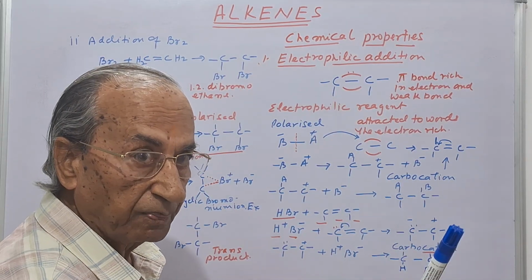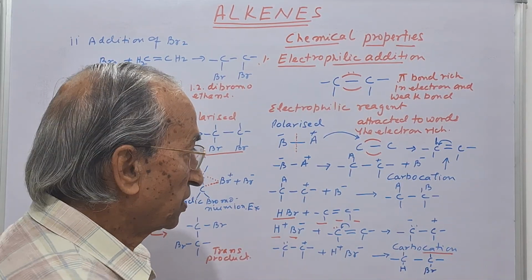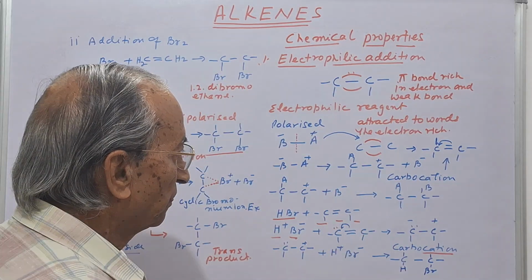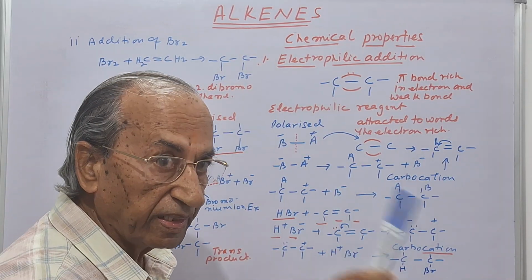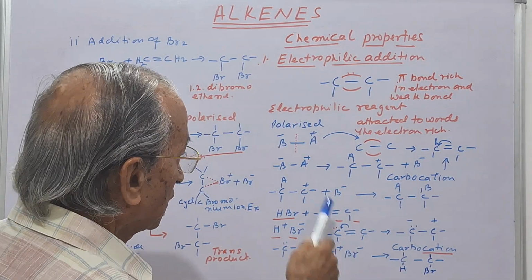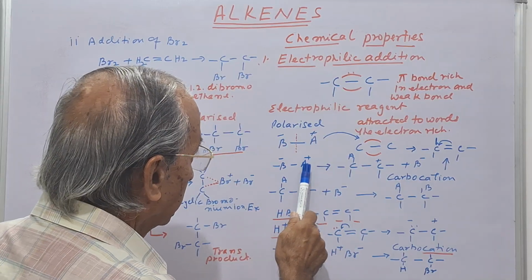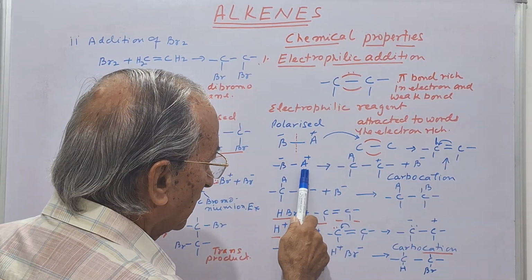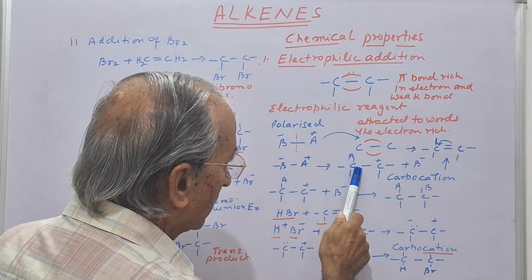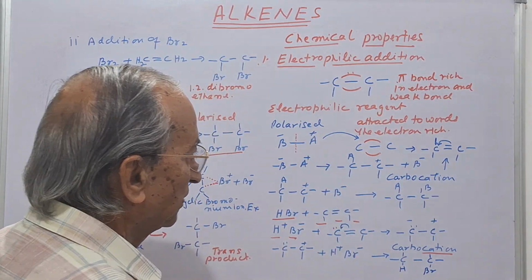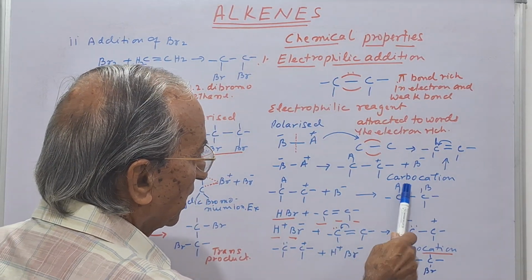Listen, when the pi electron pair shifts towards one of the carbon atoms, it becomes enriched with electrons. So the atom A, which is positive in nature, comes to the carbon atom which is enriched with electrons and it forms a carbocation.